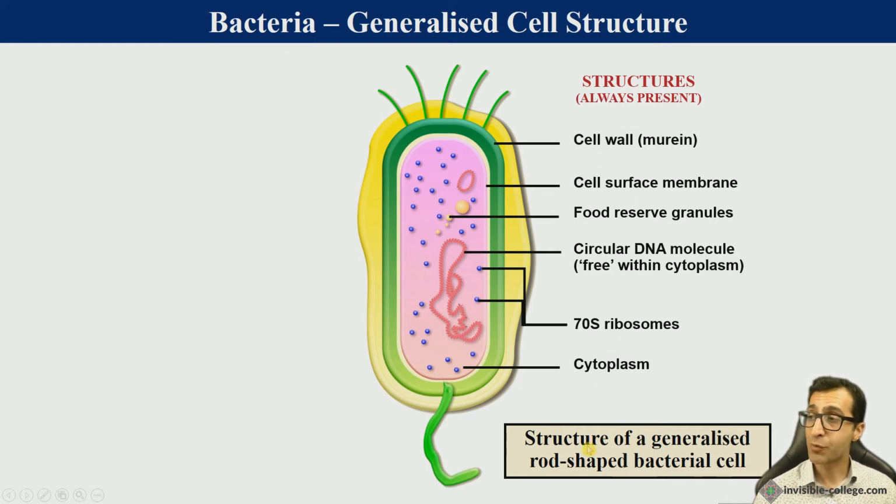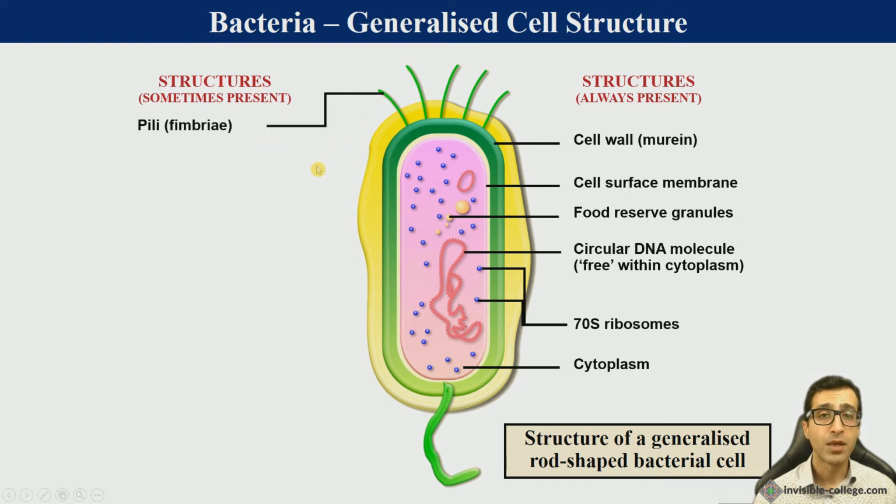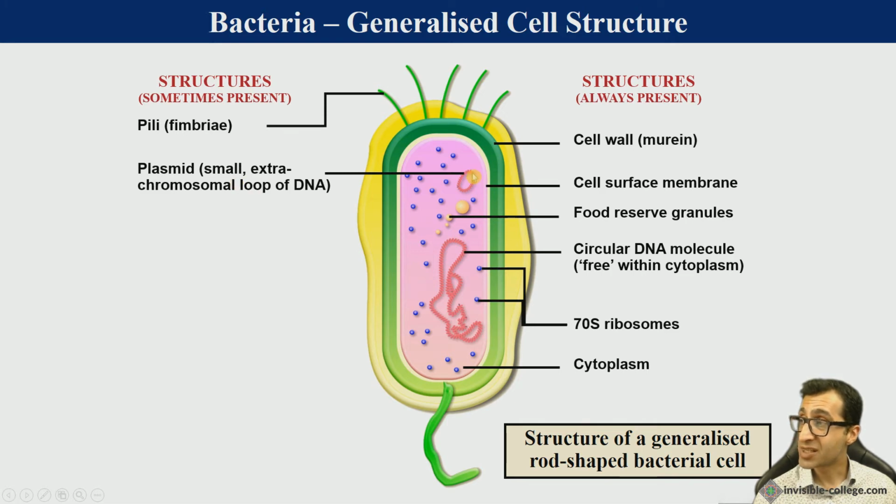Now these are always present in all bacteria, but you also find some other structures which are sometimes present in some types of bacteria. So these include these finger-like projections which are called pili or fimbriae. You find sometimes these smaller circular loops of DNA called plasmids, and it's these plasmids which can be exchanged between individuals to transfer beneficial characteristics between individual bacteria.